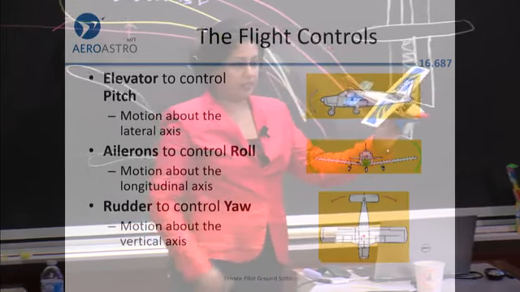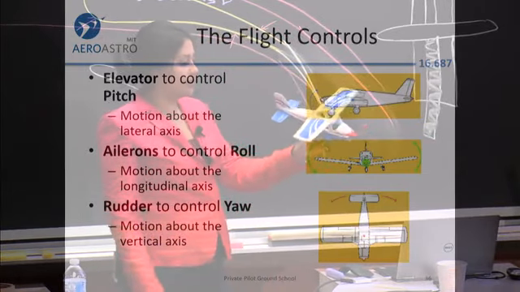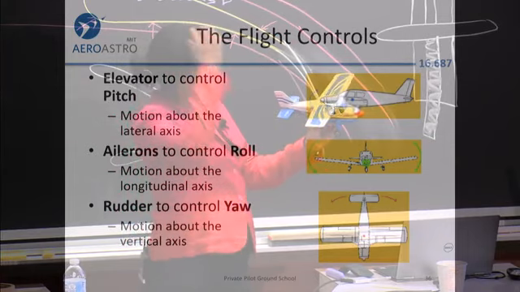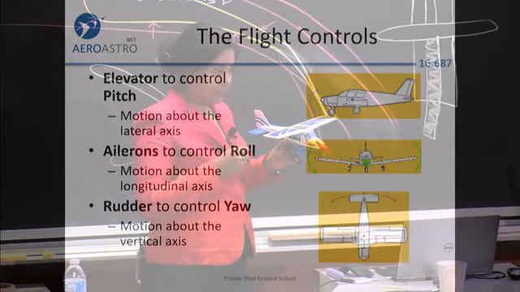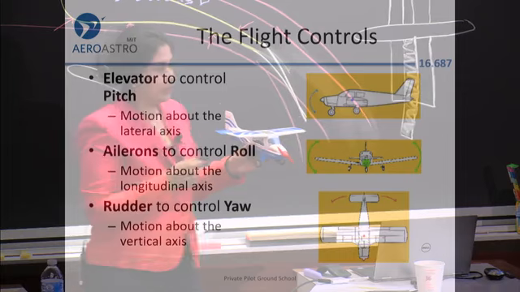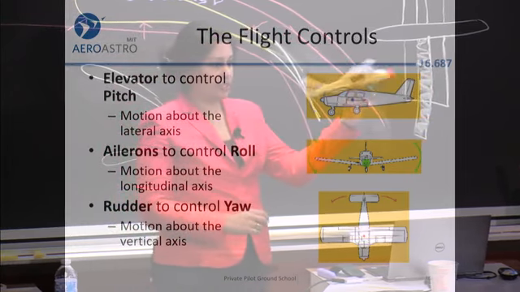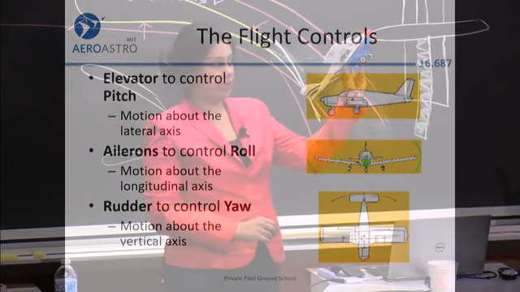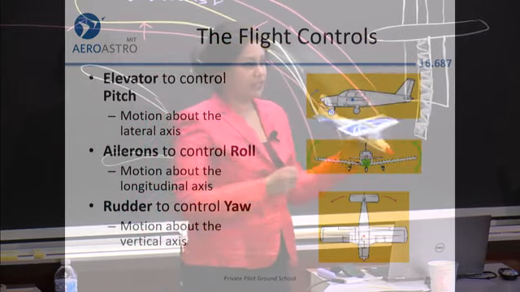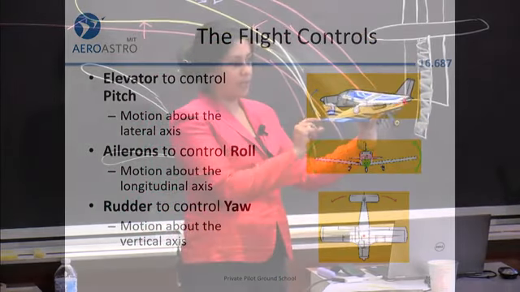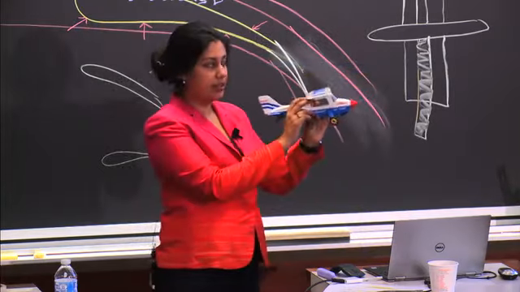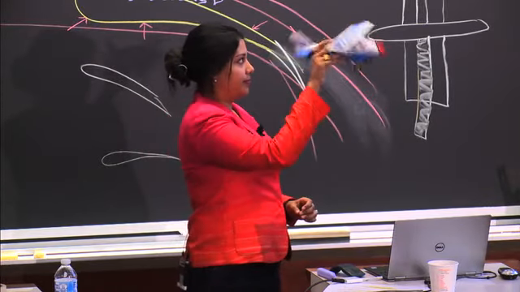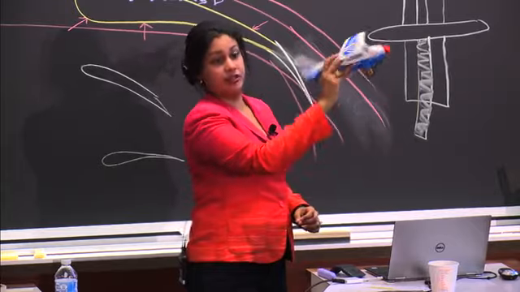So you have the ability to control all three of those axes. The elevator, which I keep talking about, is like your yoke, where you push it forward or pull it back. That allows you to pitch the airplane, pitch nose up, pitch nose down. That's you controlling the back part of the tail, the elevator, which allows you to have motion in this direction.